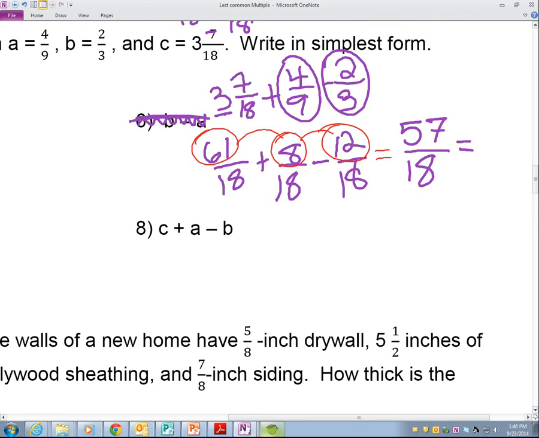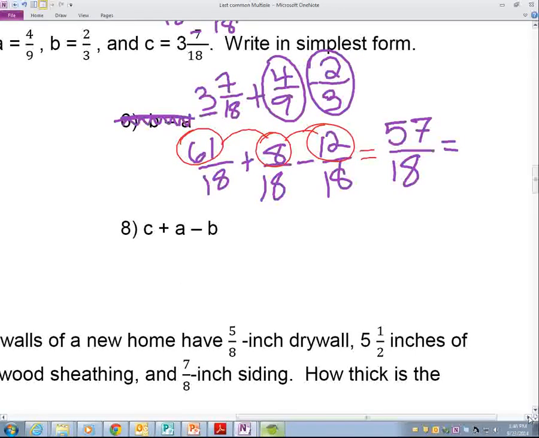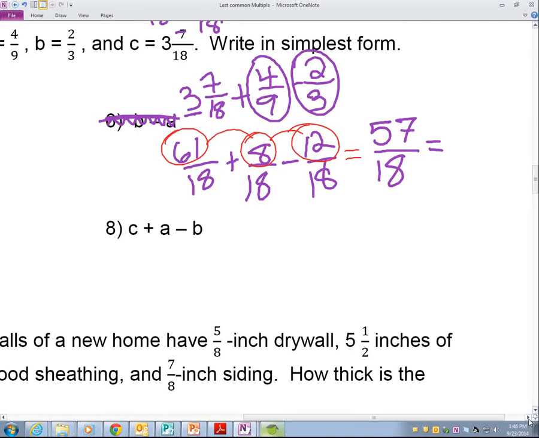Right. Does 18 go into 57 3 times? So it's going to be 60 minus 6, 54. So is that 57?